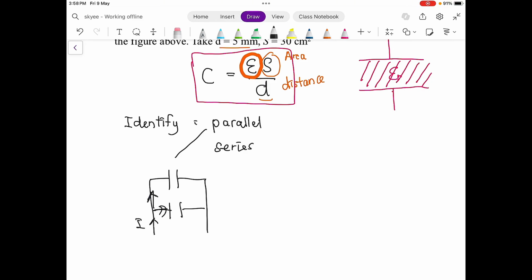So this is the parallel capacitance. For series, series is easy. You just have two capacitors arranged next to each other, so the same total current is passing through both capacitors. So this one is a series configuration.